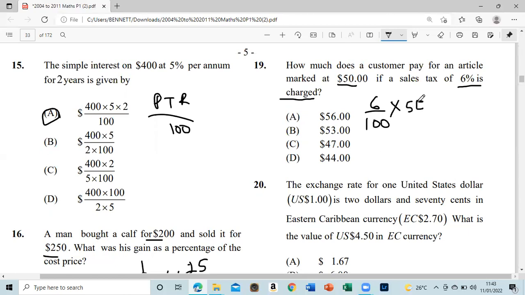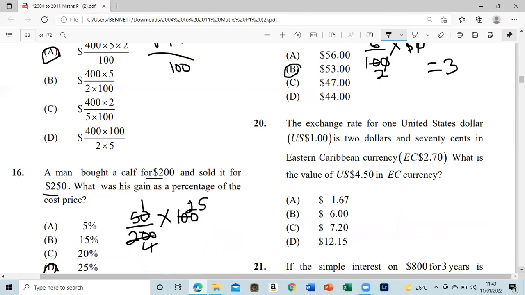So we divide by 10, 5 into this, 1, 5 into 10, 2, so that's 3. 6 by 2 gives us 3, so it's a $3 increase, so it's $53. So add the 3 to the $50, all right?